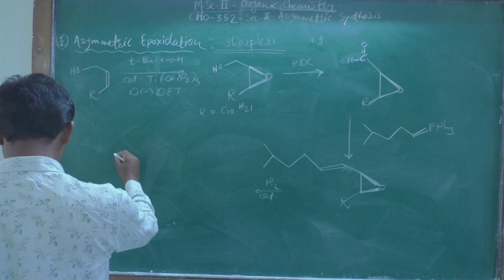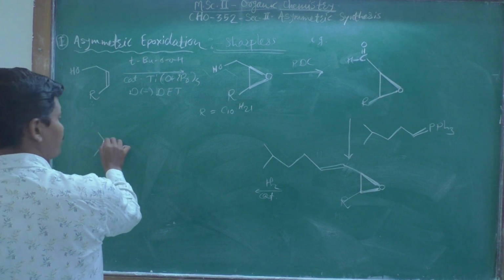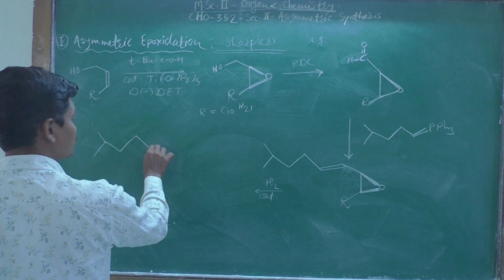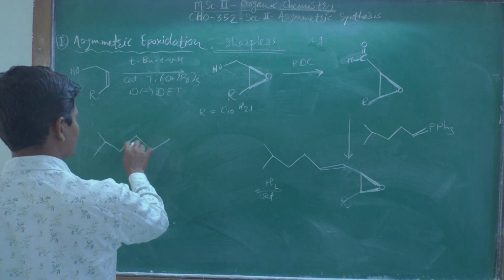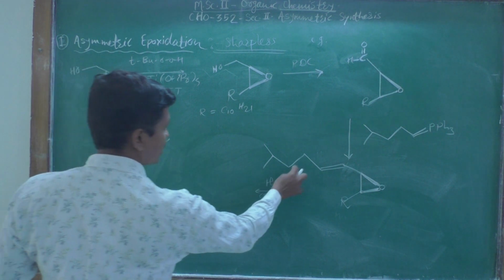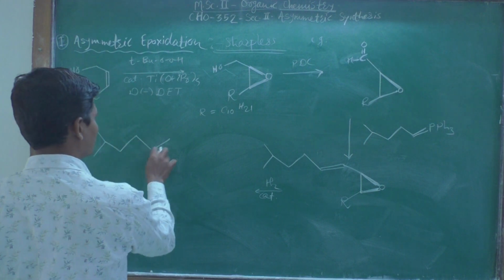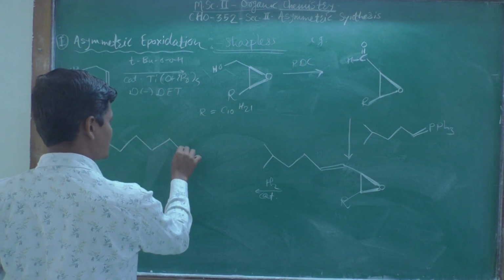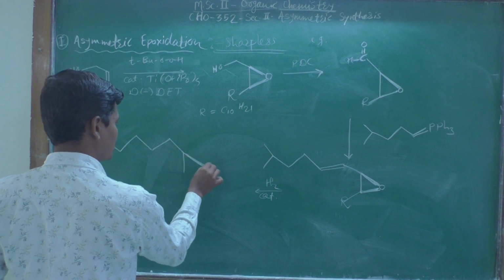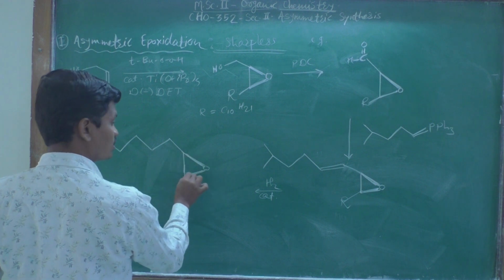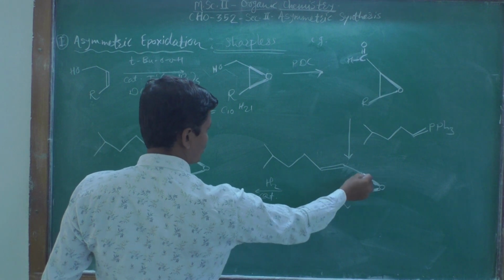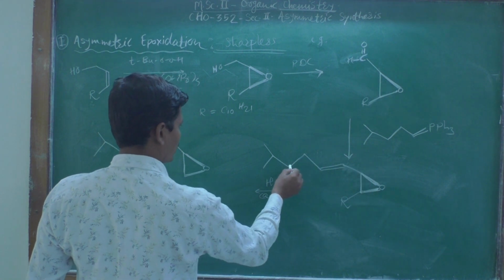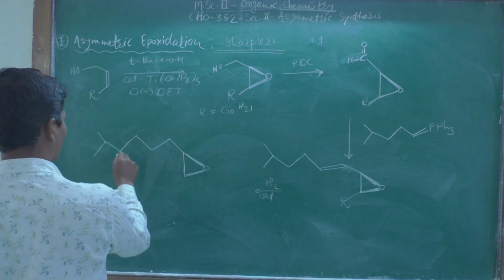It is nothing but CH2, 1 2 3 4. Okay, this is epoxide, a 3-membered ring, 1 2 3 4, and then isopropyl group, 1 2 3 4.